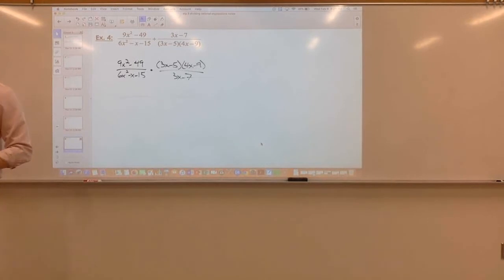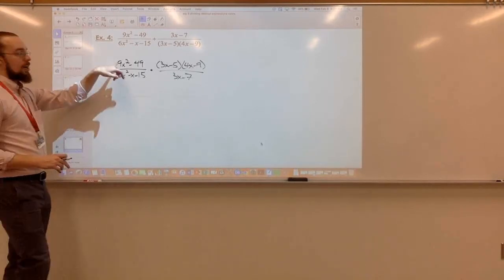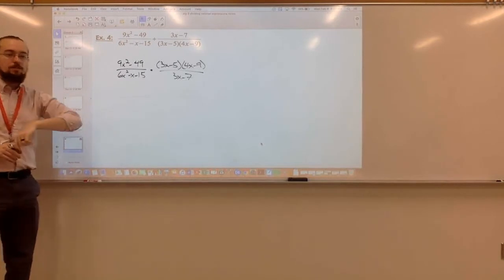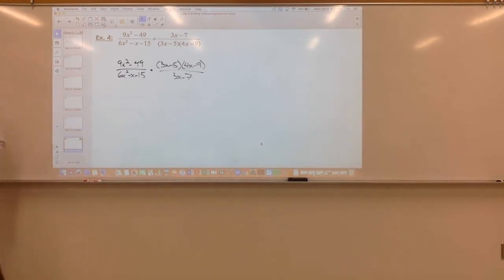So this is 9x squared minus 49. Can I take out a GCF? I don't think so, because I just tried it. I don't think 9 and 49. The highest thing that goes into 49 is 7. Is there anything else I can do to simplify 9x squared minus 49?